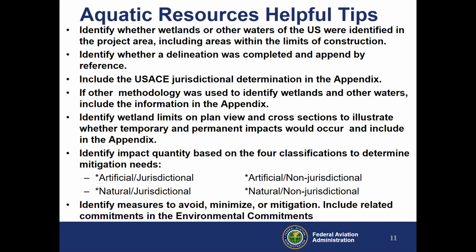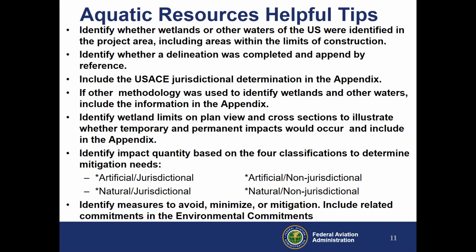I don't need the delineation in the appendix, just append it by reference. But we do want the jurisdictional determination included in the appendix. If there's any other methods that were used to identify wetlands, speak to that and include that information in the appendix. It's all about building your record.